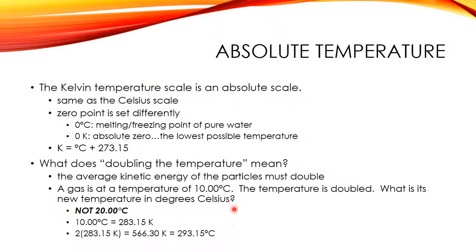So we start at a temperature of 10 degrees Celsius. If we want to double the temperature, we'd have to take it to 293.15 degrees Celsius. Hopefully this gives you an idea of what we mean by an absolute temperature scale, what we mean by being able to double the temperature or triple the temperature or cut it in half, any of those things. We have to use the Kelvin scale.